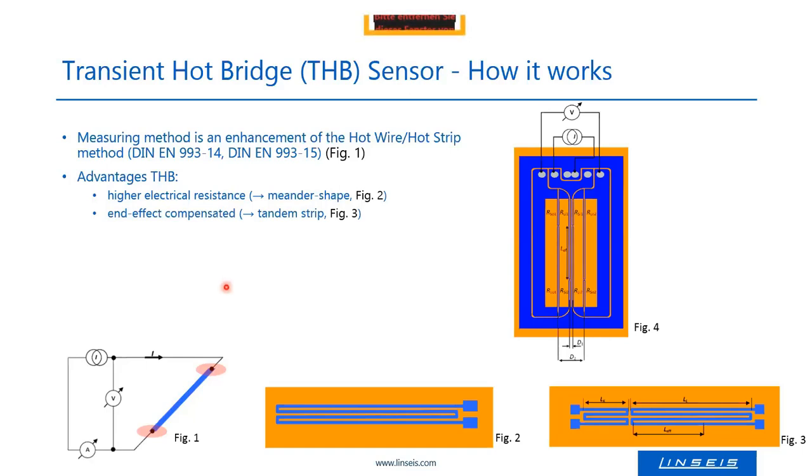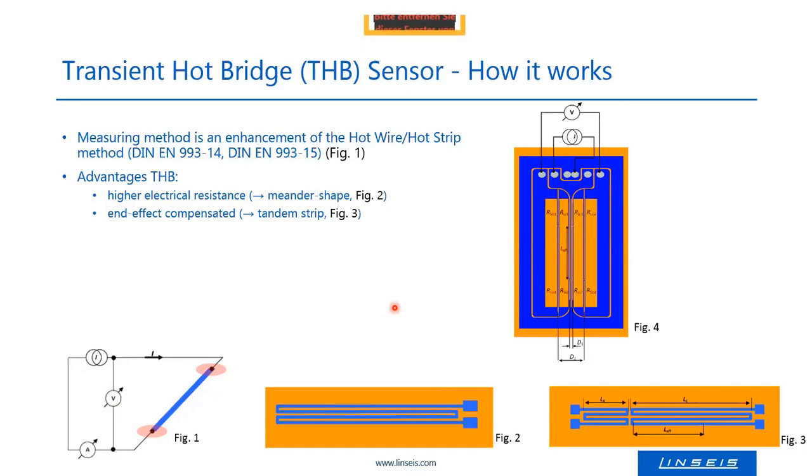The answer is, if only one wire is used, then before every measurement, the 0 voltage of that wire needs to be measured and subtracted from the measurement. And the 0 voltage is changing with the surrounding conditions, with the surrounding temperature, humidity, and so on.